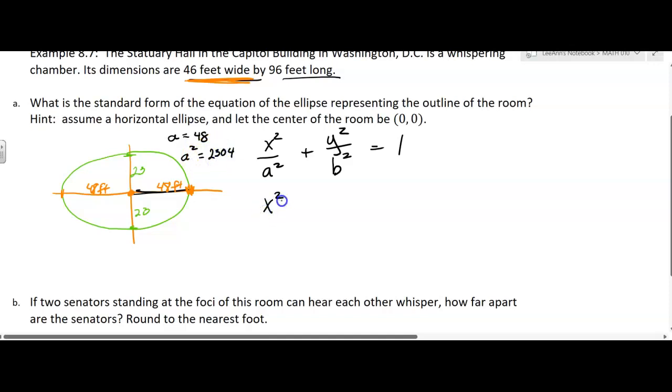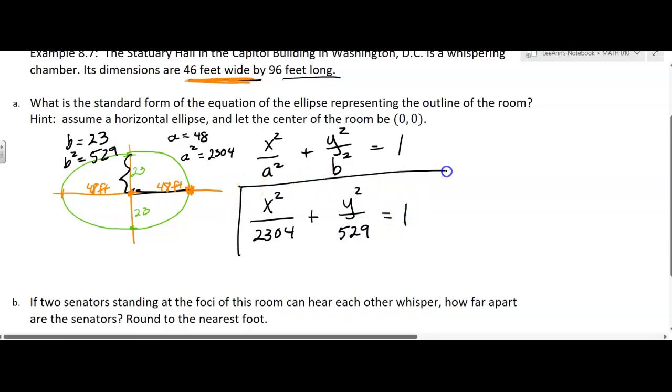So we get x squared over 2,304. And then b is this distance, so b is 23, and b squared, again you just get a calculator and square it, is 529. And that would be the standard form of that ellipse centered at the origin.